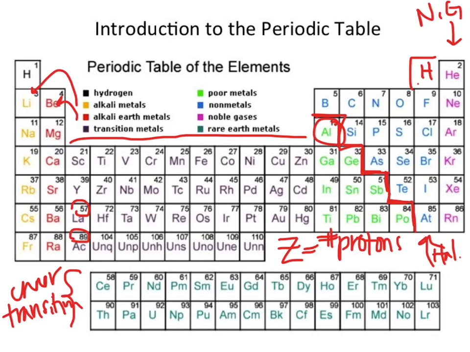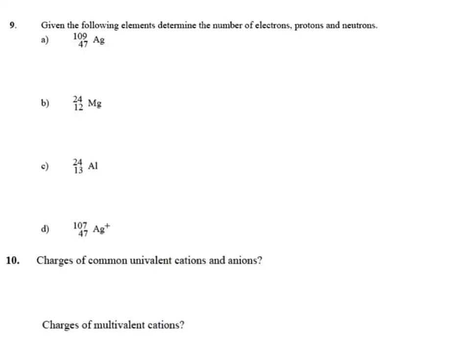Okay. So let's talk about the next thing. I'm going down to number 10 because I'm kind of out of order here. The charges of common univalent cations and anions. And it says charges of multivalent cations.